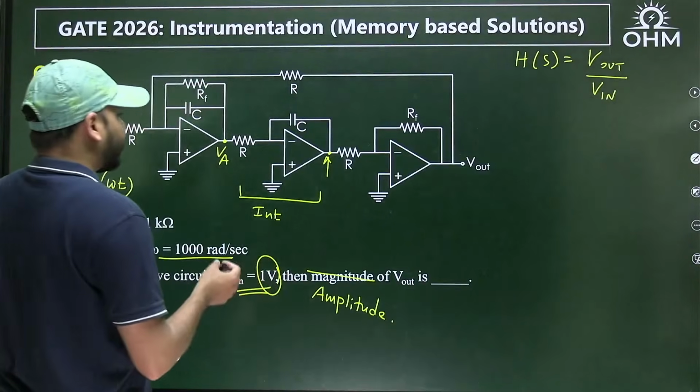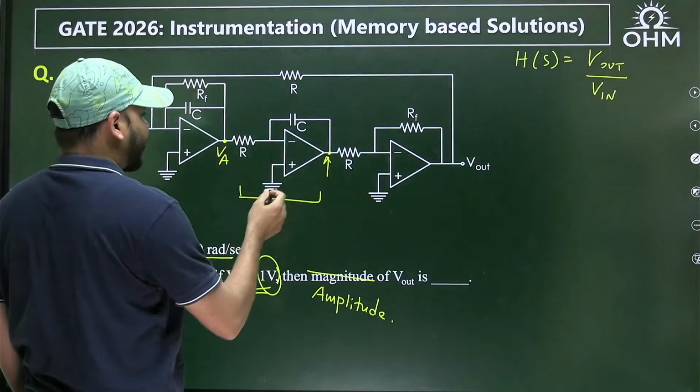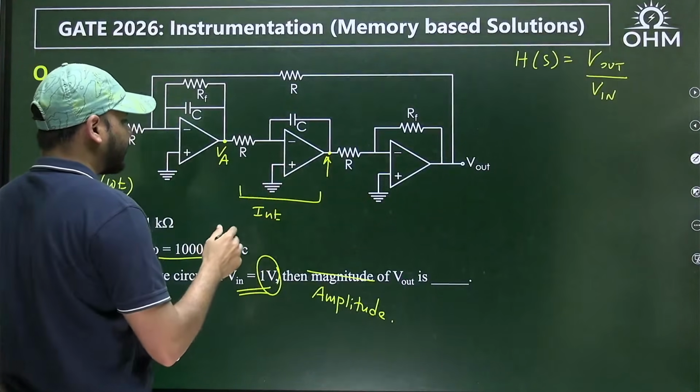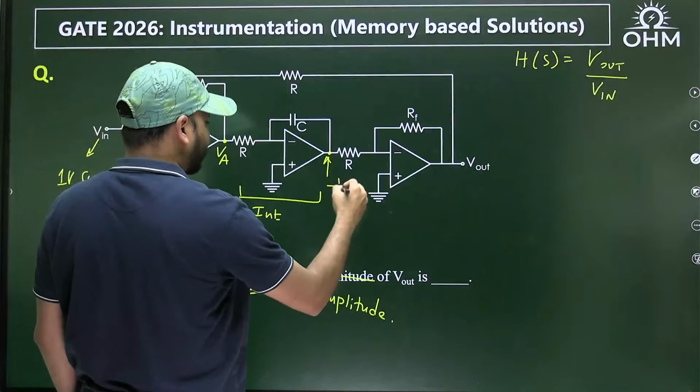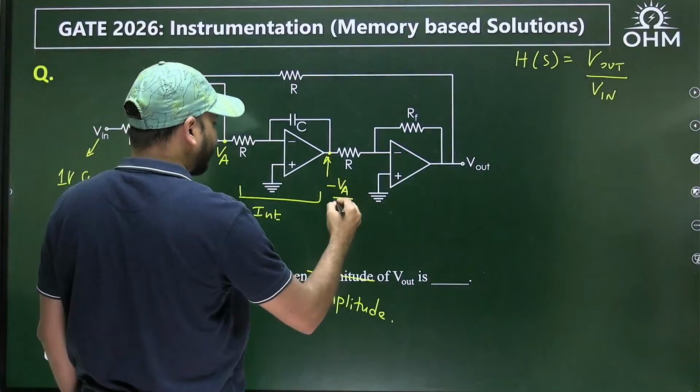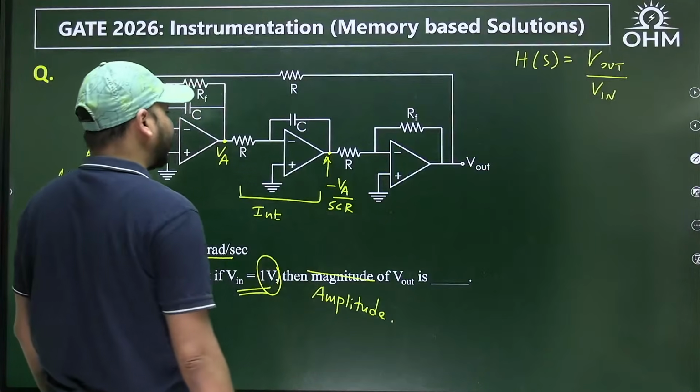So this block is what? An integrator whose transfer function is minus 1 by SCR. So the voltage at this point can be directly written: minus VA upon SCR.